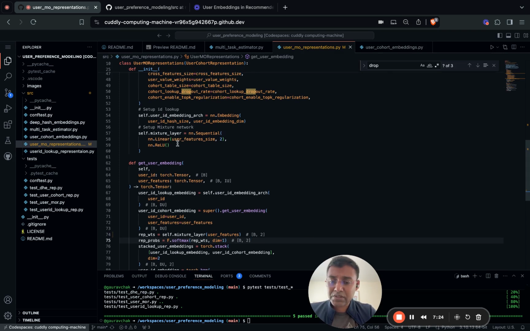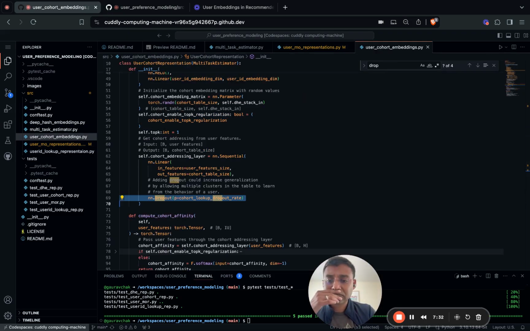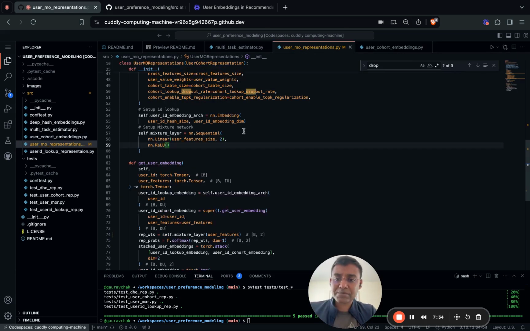So in this mixture layer, if you add a dropout, then it will help to ensure that for each user, sometimes you are sending the gradient back to both.